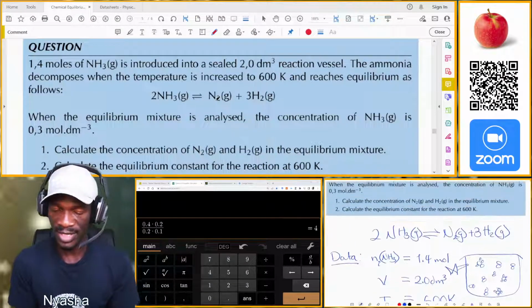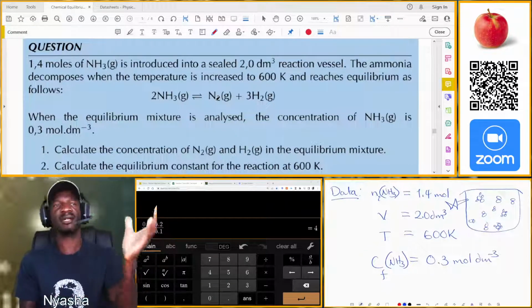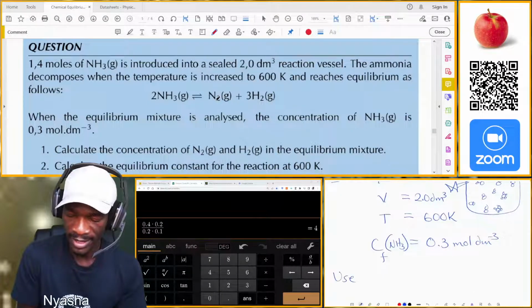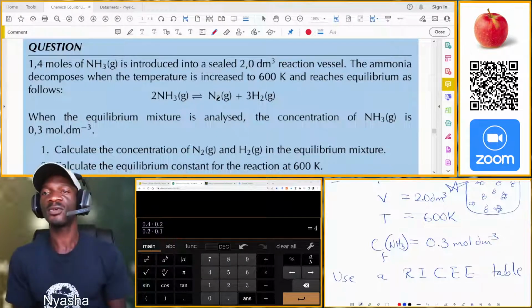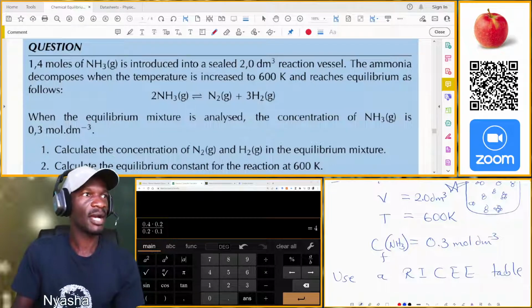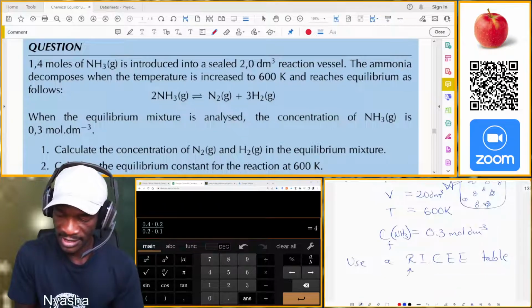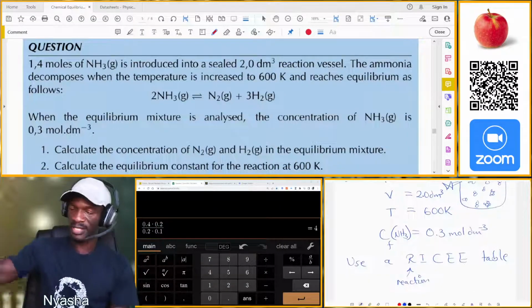When you get a question like this, where you've got some initial number of moles and some final concentration or final number of moles, this is where you have to use a Rice diagram, or table. For a Rice table, the R stands for the reaction: you state the chemical reaction with its stoichiometric ratios.